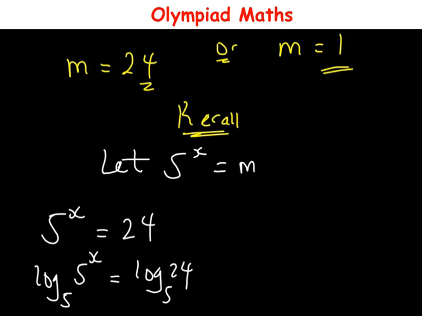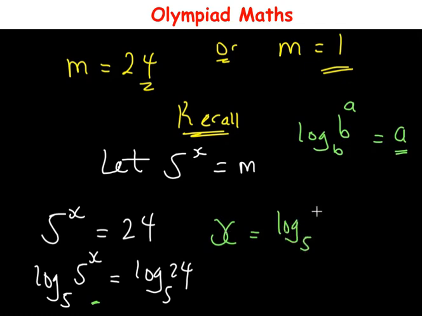Now, following this rule of logarithm, that if you have logarithm of base b of b raised to power a, this is equal to a. Applying this rule right here, this becomes x is equal to logarithm of base 5 of 24, and this is the first value of x from m equals 24.